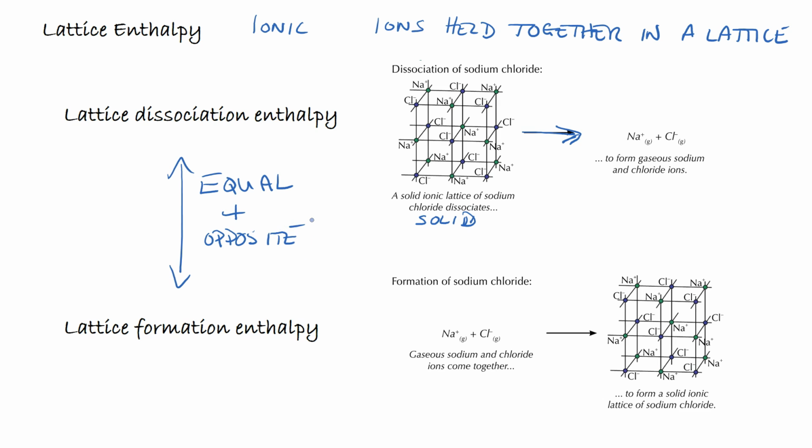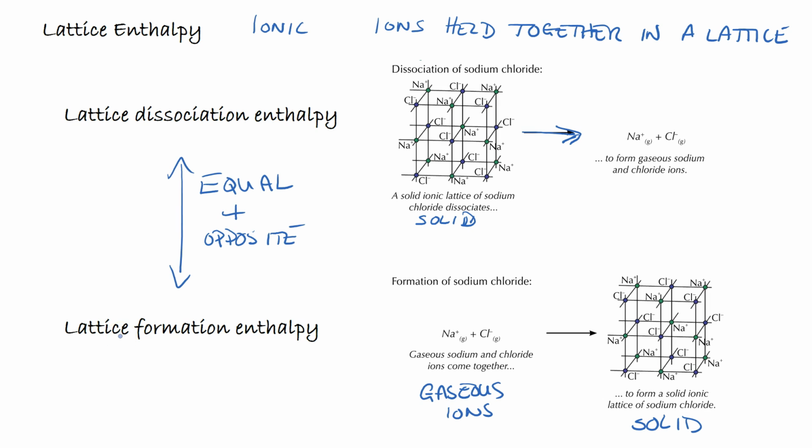The lattice formation enthalpy is the enthalpy change when 1 mole of a solid ionic compound is formed from its gaseous ions. So on this side we have the gaseous ions, and it's the energy to form the solid ionic product here on the right hand side.